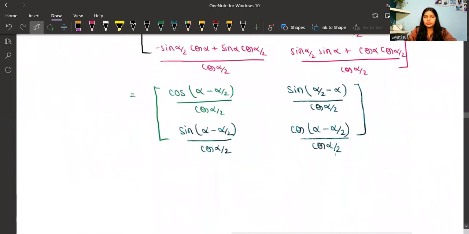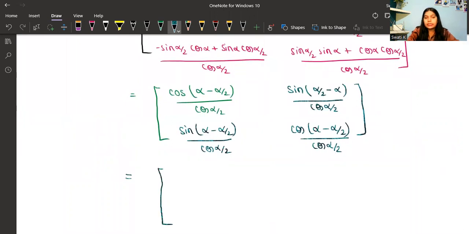Now this will become very simple. If you take LCM here, it is 2 alpha minus alpha, that is alpha only. So this is simply going to be cos alpha by 2 upon cos alpha by 2. This will become sin of minus alpha by 2, but you know that sin of minus theta is minus sin theta.